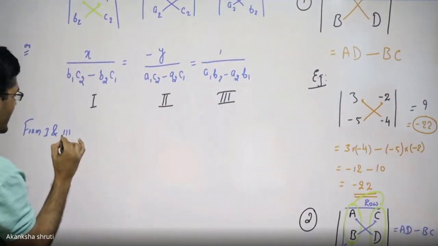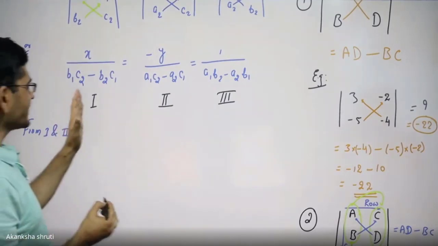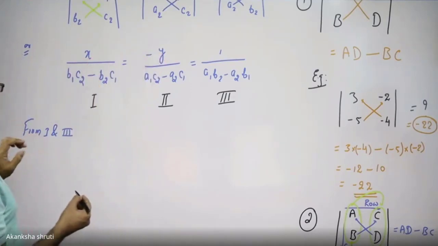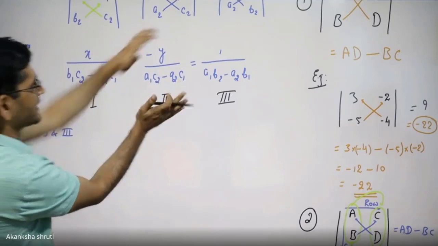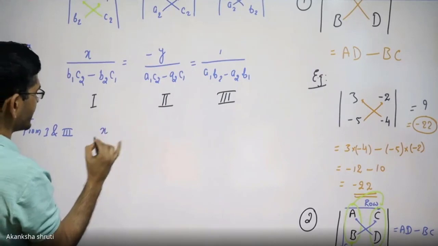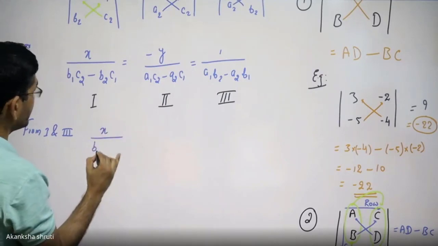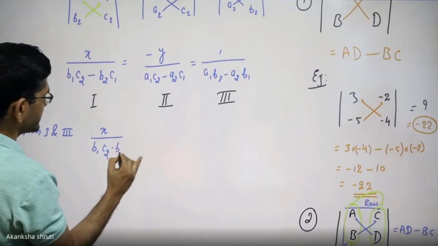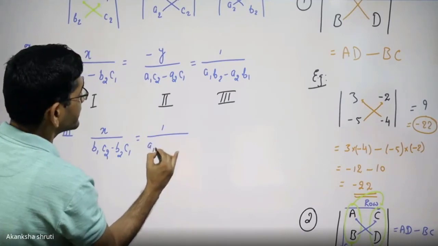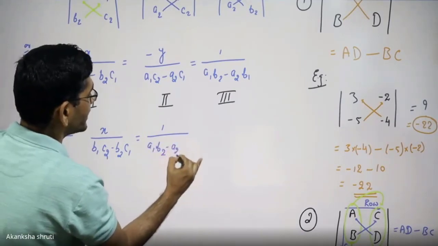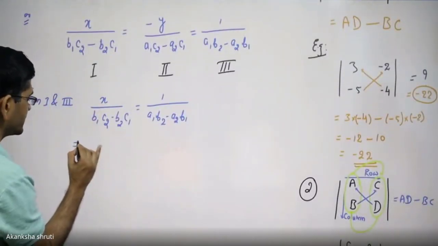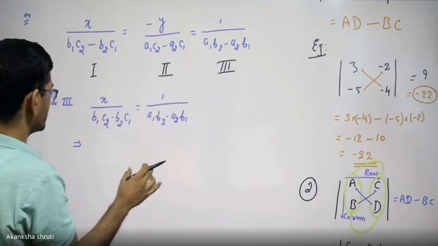Even 1 and 2 can be equated, but that will just give us the relation in x and y. So from 1 and 3, I can leave the second part and directly equate: x by B1 C2 minus B2 C1 equals 1 by A1 B2 minus A2 B1. These are two ratios on either side of the equation.